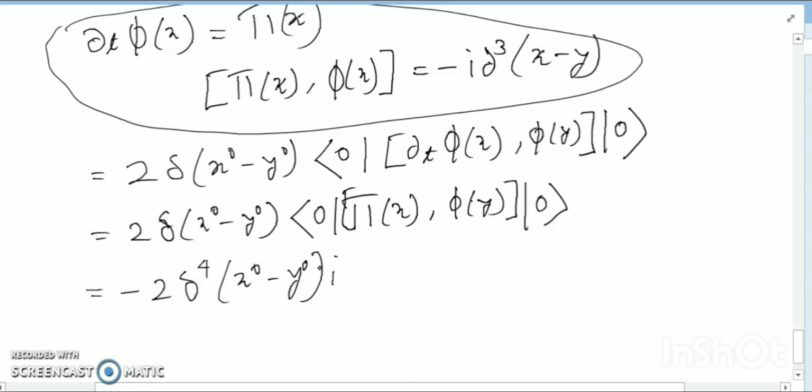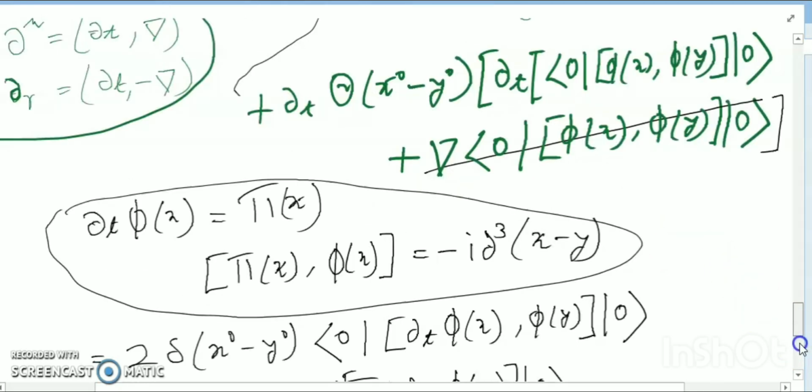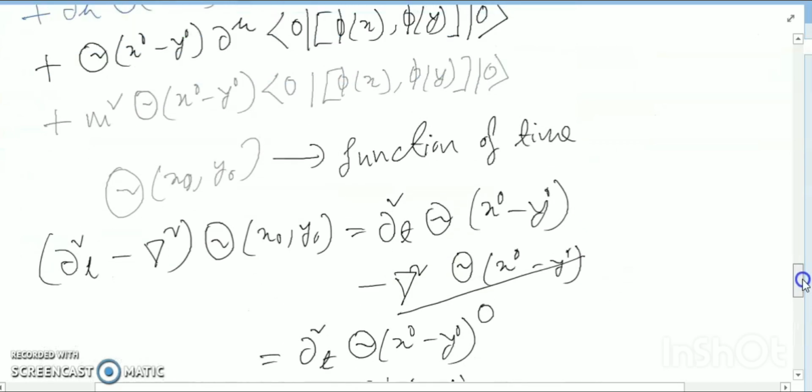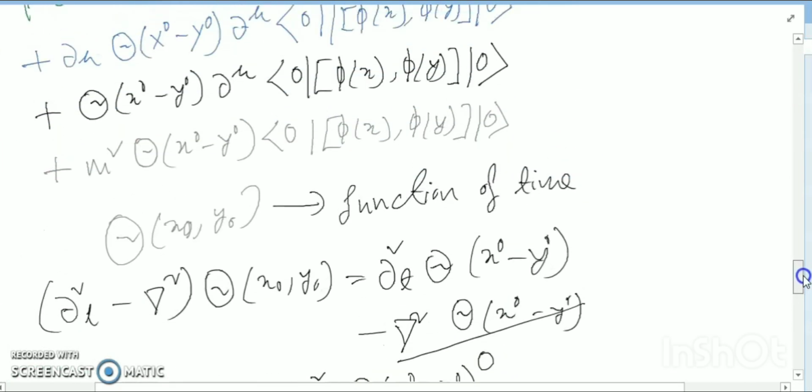Now another term is the Klein-Gordon term. I can write it in equation number 1 or 2, anything.